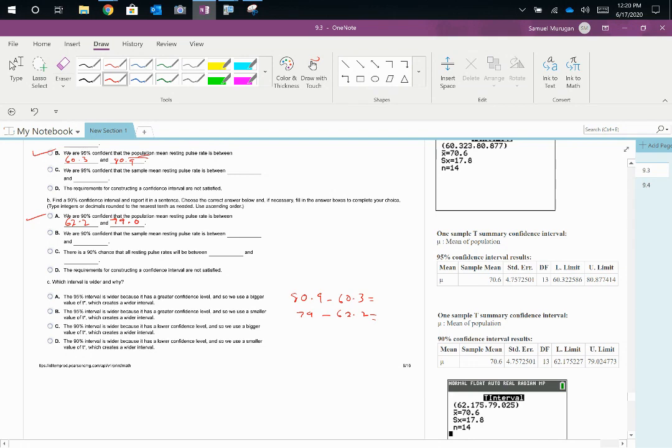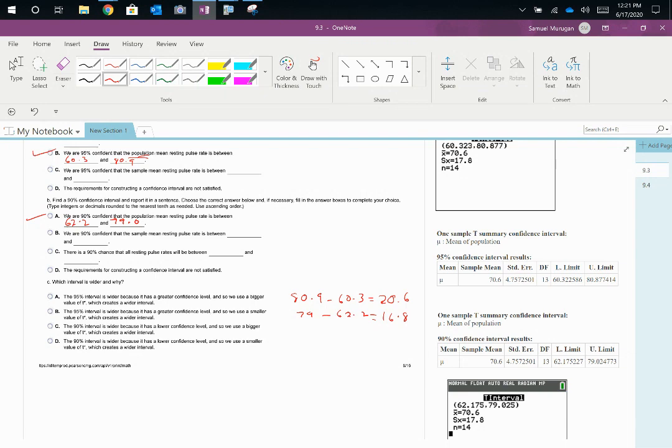I already know the answer because the answer is kind of straightforward. 80.9 minus 60.3 is 20.6. And 79 minus 62.2 is 16.8. So as expected, the 95% confidence interval is wider. Okay, it will always be wider.